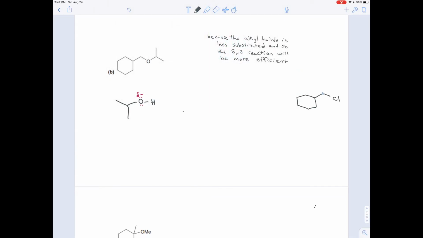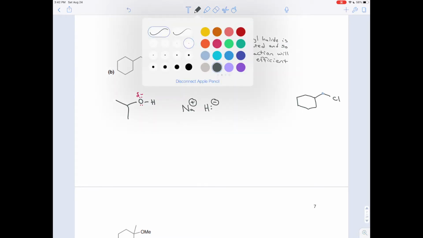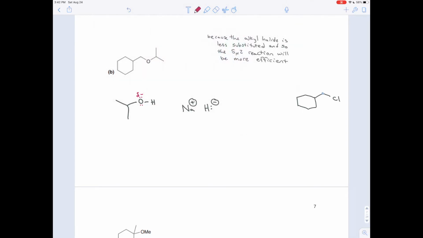So we would treat that with a base like sodium hydride. It's a metal and a nonmetal. Because the hydrogen is so much more electronegative than the sodium, it steals both of the electrons that they have to donate, gets itself a negative charge, sodium is positive charge. And so their opposite charges sort of balance each other together, but hydrogen is really reactive because it's tiny and it has this full negative charge on it.